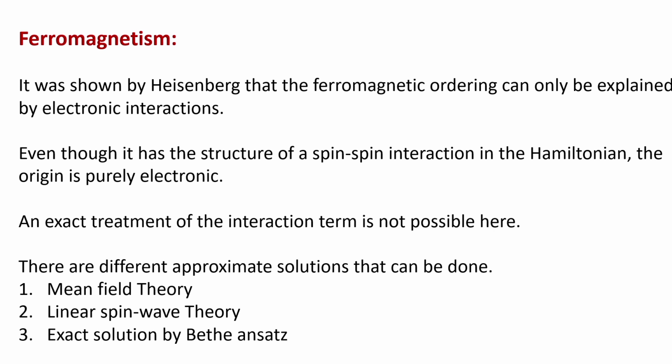If you are interested in some exact solution for a 1D spin chain, then again you can look at this statistical mechanics course. So, we will do this mean field theory quickly and skip the rest, but there are methods of solution of the Heisenberg model for a ferromagnet using these methods as well.